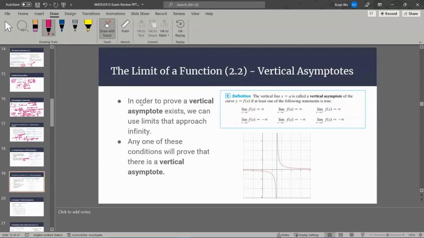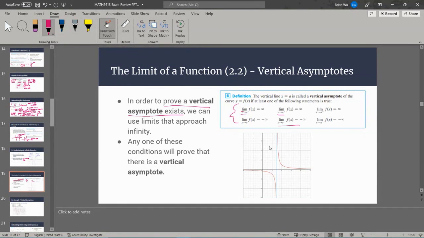In some questions in the exam, you'll be asked to prove a vertical asymptote exists. In order to do that, one of the definitions is that you must have any one of these statements, which is basically infinite limits as you approach a, and it also includes the one-sided limits.